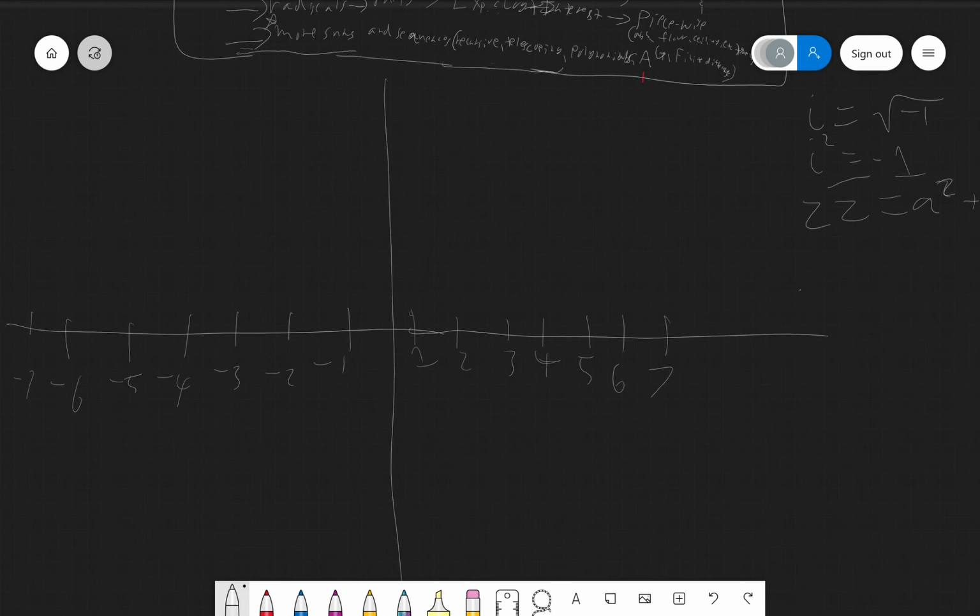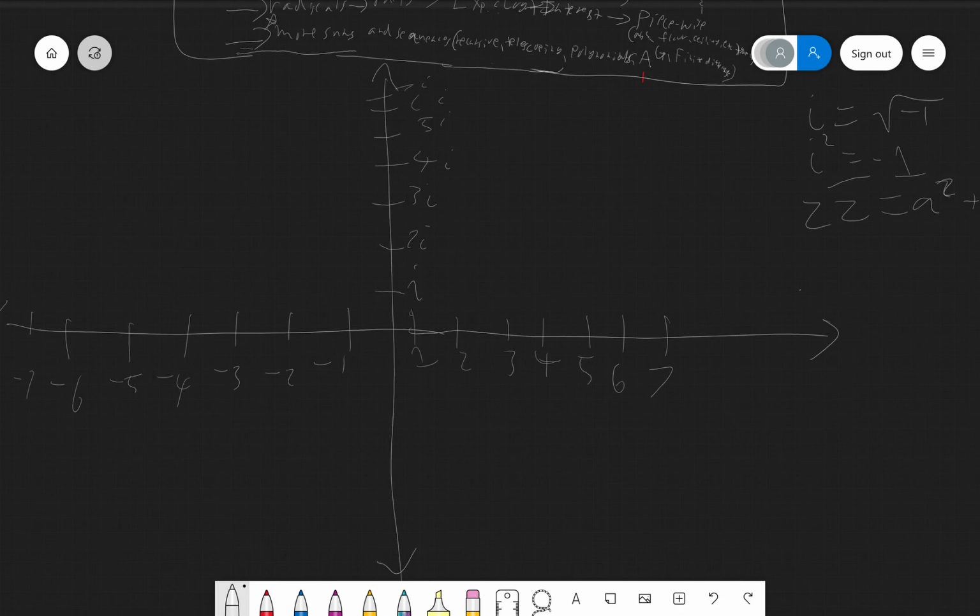Now instead of having 1, 2 on the vertical axis, we're gonna write it like this. We know that the unit of real numbers is 1, but the unit of imaginary numbers is i: i, 2i, 3i, 4i, 5i, 6i, 7i.